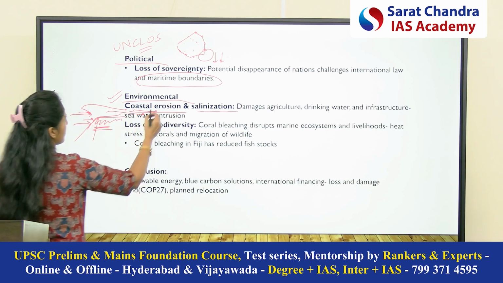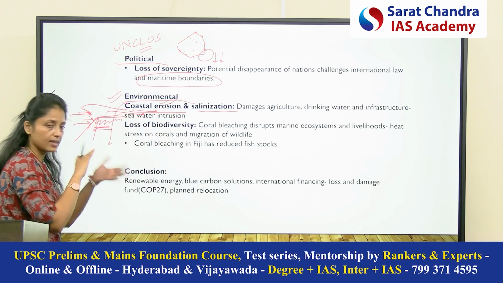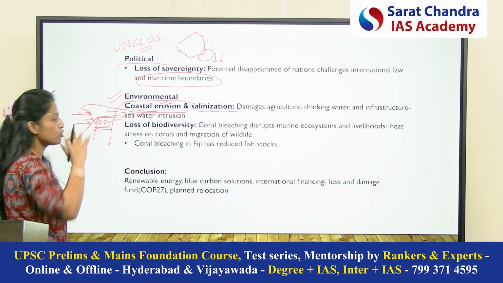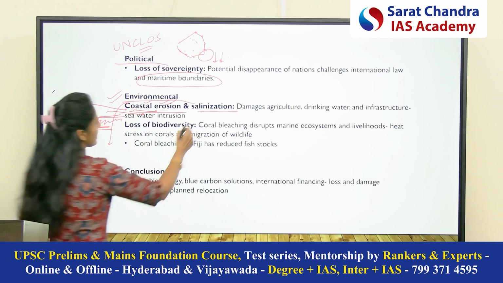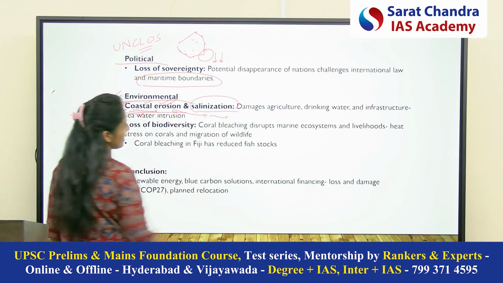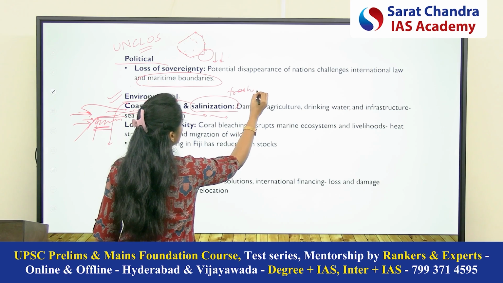Okay, so it can lead to coastal erosion, and on the coast there are many plants, animals, huge biodiversity. So biodiversity can also be impacted. Second thing is salinization. So if the seawater can easily come in the inside areas, so it can lead to the salinization of freshwater resources.